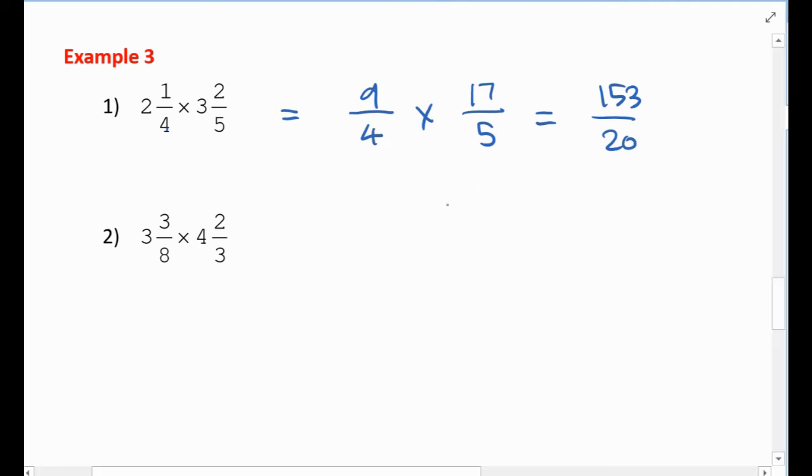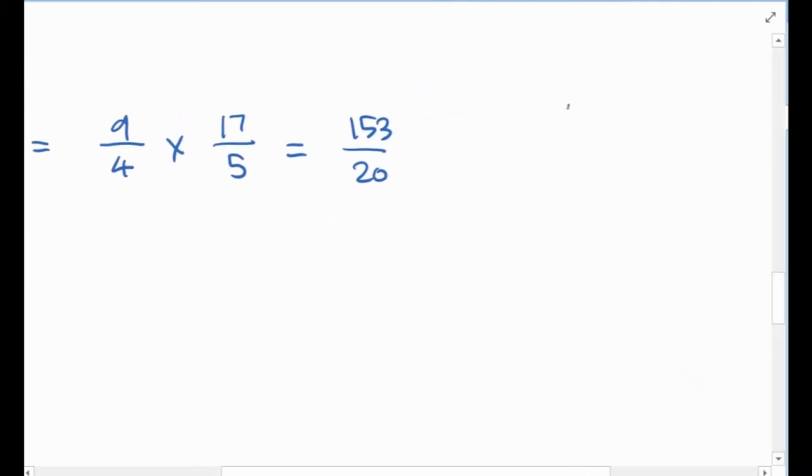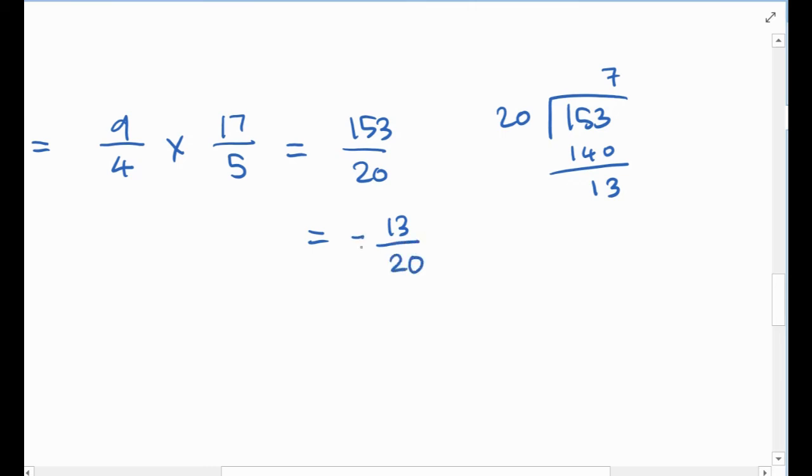Then we're going to change this to a mixed number. 153 divided by 20. 20 goes into 153 7 times. 7 times 20 is 140, and the remainder is 13. So the remainder goes at the top, and the divisor goes to the bottom. Quotient is the whole number.